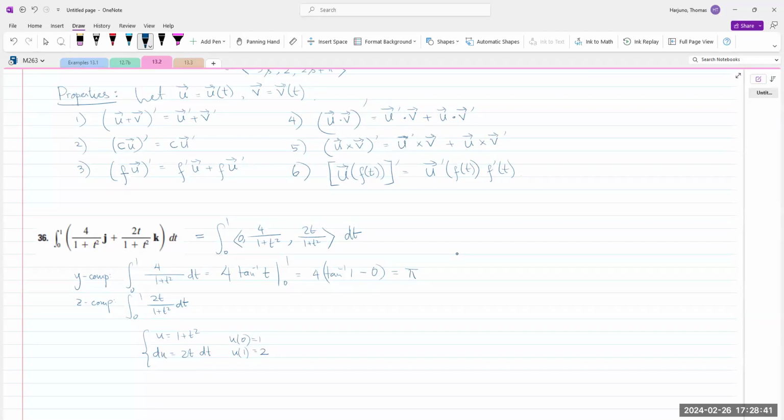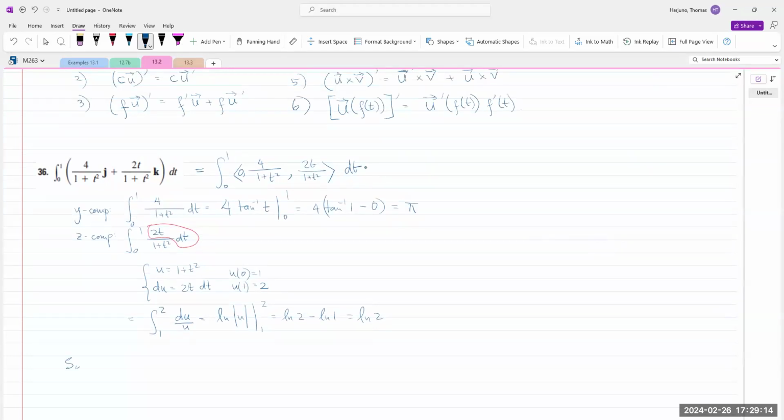Therefore my integral now becomes from 1 to 2, not from 0 to 1 anymore. And this here is my du over u. So that is natural log of the absolute value of u from 1 to 2. That's natural log of 2 minus natural log of 1. That's simply natural log of 2.